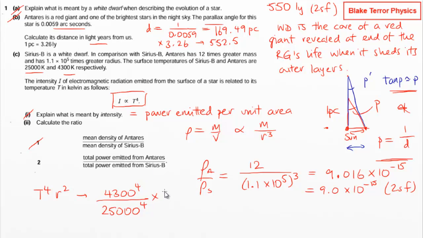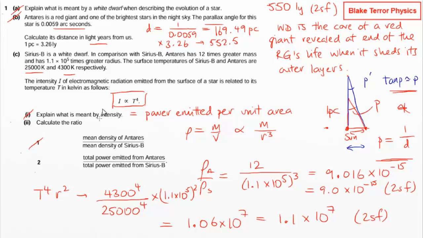So we then have to multiply by 1.1 times 10 to the 5, which we are then squaring. So that's quite a lot to tap into the calculator. And that is giving 1.06 times 10 to the 7, which is 1.1 times 10 to the 7 to two significant figures.